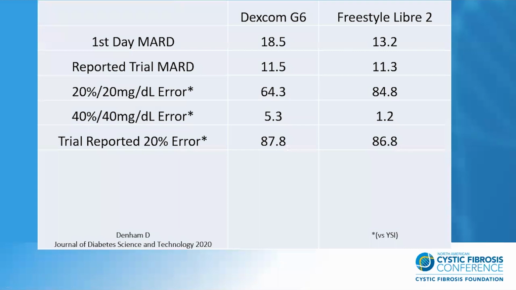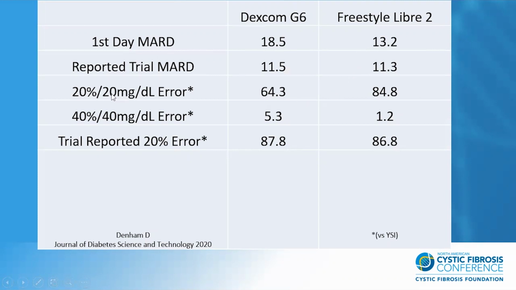Apart from the published data that each sensor reports, it's also useful to look at head-to-head studies where CGM devices are compared under the same circumstances. It's also important to note that the first day of sensor use is often worse than subsequent days, and you can see this borne out here with significantly higher MARD levels on the first day for both of these devices.